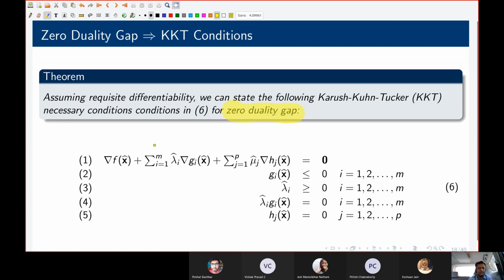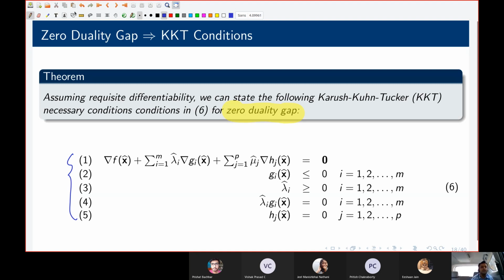Many people use them blindly without understanding what they're doing. But these are necessary conditions: if x hat is a point of optimality and is also dual feasible, then there must exist lambda hat and mu hat that satisfy these conditions.